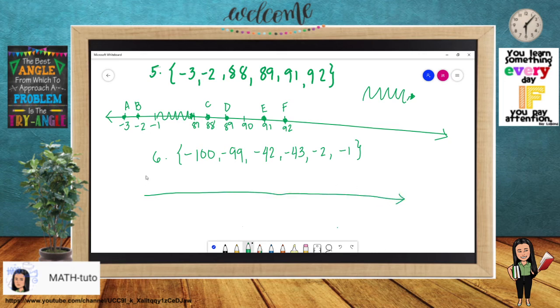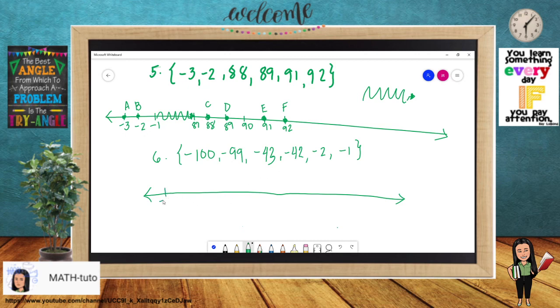Okay? So, as you can see here in the example, yung negative 99 tapos negative 42 and then negative 43. Mas maliit ito, so dapat ang arrangement natin, nandito yung negative 43. Pagpalitin ko lang kasi mas maliit yung negative 43. Pagpalitin lang natin siya sa set para hindi tayo malito.